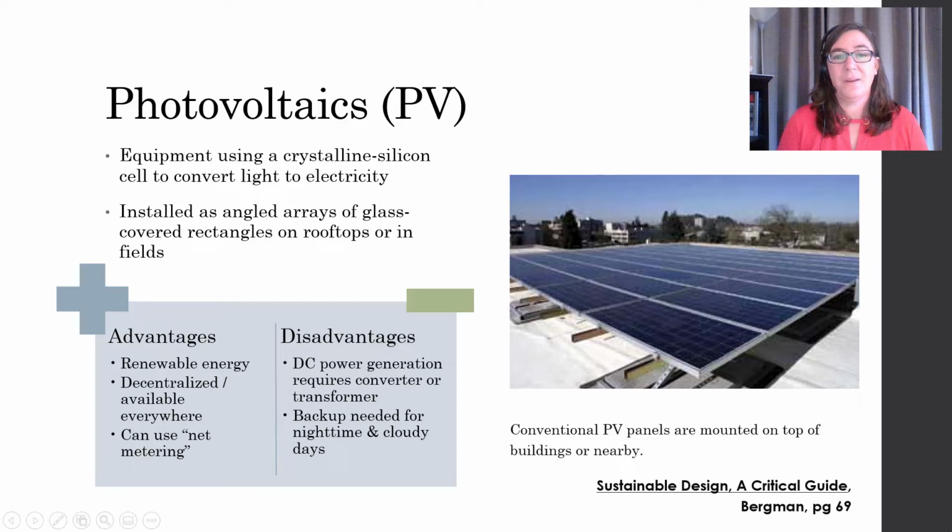The disadvantages are that photovoltaic equipment generates DC, or direct current, power. Therefore, you're going to need extra equipment, a converter or a transformer. And also, you don't get any power during the night or during cloudy days. So it's important to have a backup system.